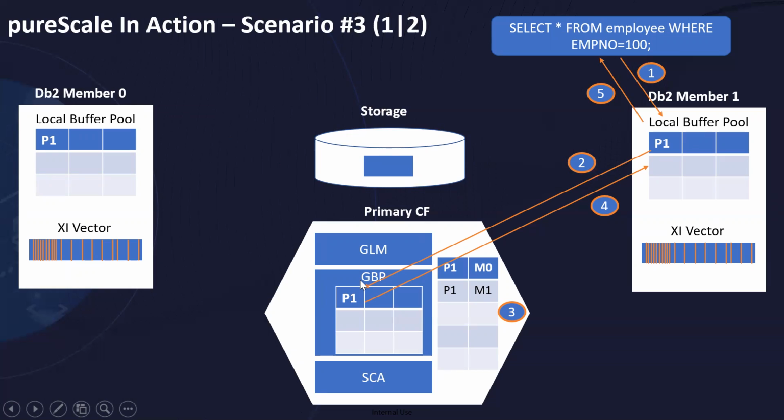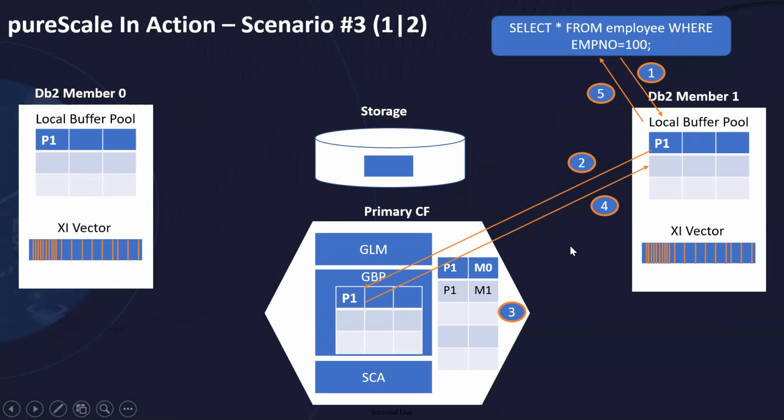Remember, as and when a read request needs to be made, it has to send a request called read and register request. So it sent a read and register request to GBP. GBP registered here to say, okay, member one is interested in page one. Then it sends back the recent page, which is currently modified by member zero. So look at it.